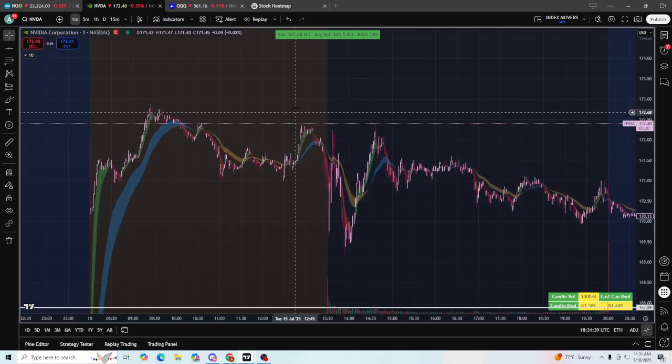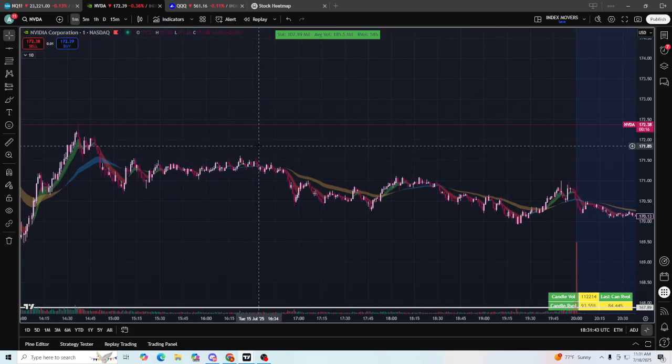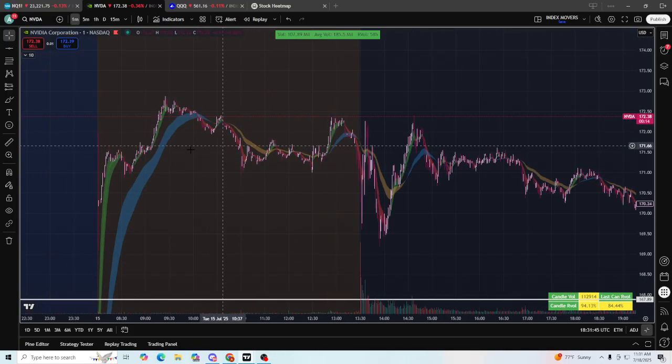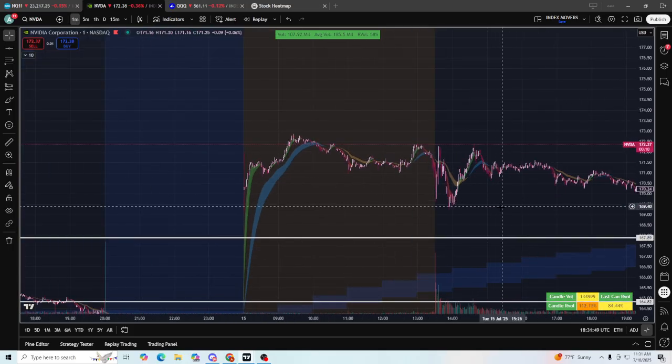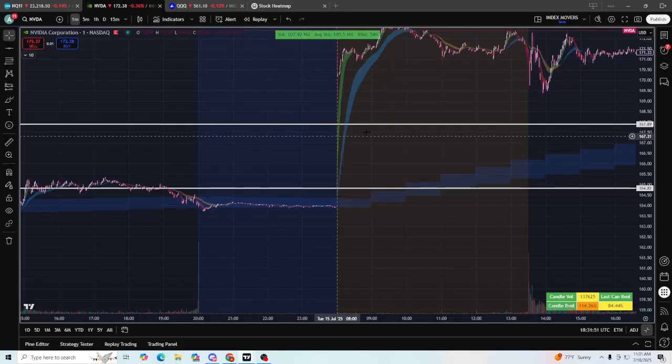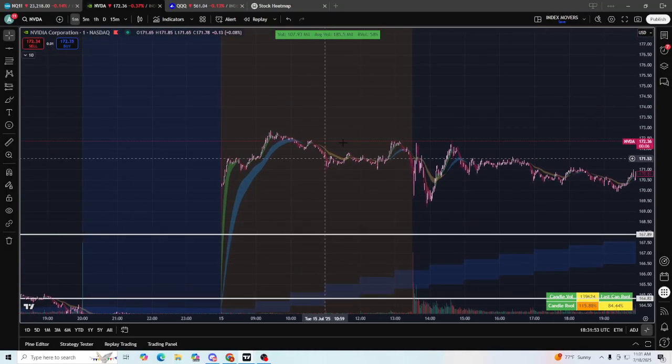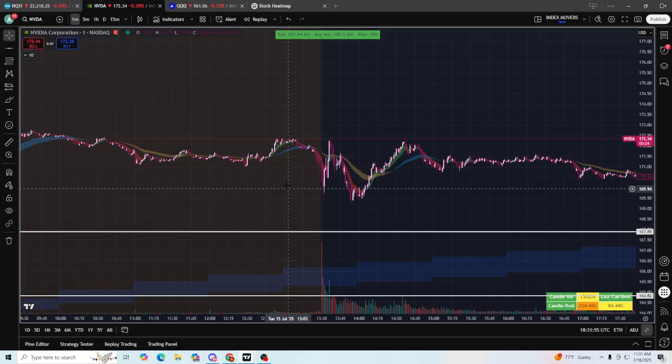Now, let's just say you're one of those people that was like, hey, this thing is going nuts, going crazy, boom, it's above previous day high. You're getting FOMO because it gapped up so much.